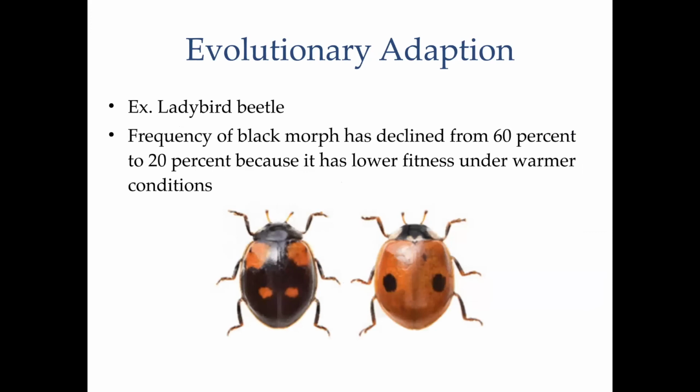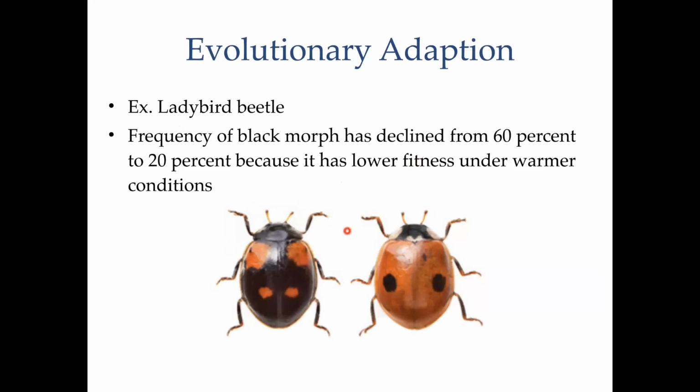Another consequence of this climate change is evolutionary adaptation. Traits that used to be frequent because they gave an advantage, or made the fitness of that population higher, are now giving the species a lower fitness, and then they are becoming less frequent.